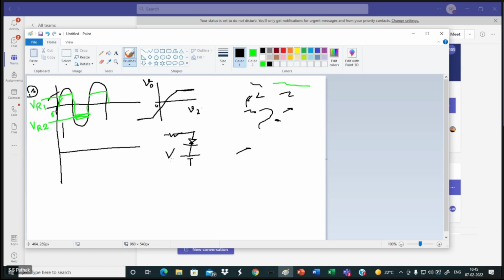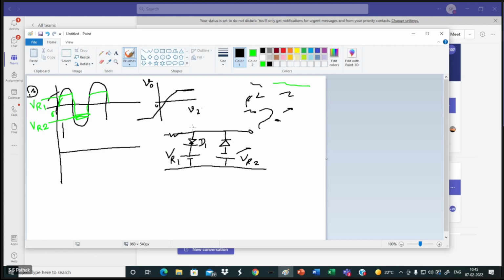This is my VR1, this is my diode D1. For VR2, the diode is inverted. Here it is a negative voltage, I call it VR2, and this is my output.